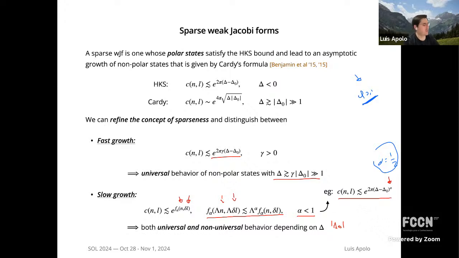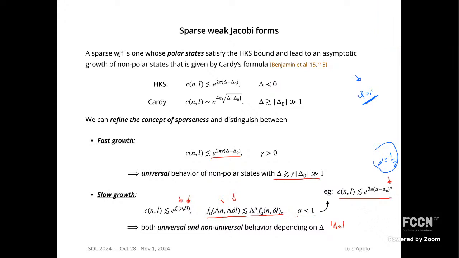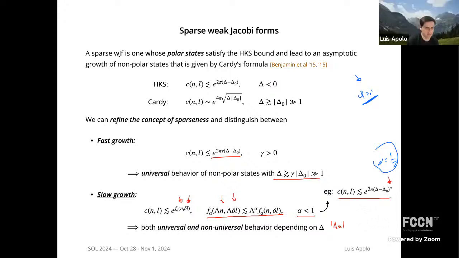For the case of symmetric orbifolds, one way that you can extract this is by trying to use this formula and properties of the seed to extract the conditions for the resulting weak Jacobi form to be, well, it will be sparse, but to be either fast growing or slow growing. Okay, sorry, I apologize for cutting you off. Maybe I have a few follow-up questions, I'll ask you a bit later. Sure. Sorry. Yes, please. Thank you.